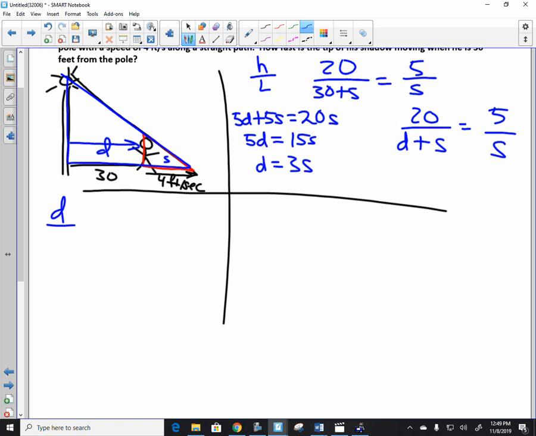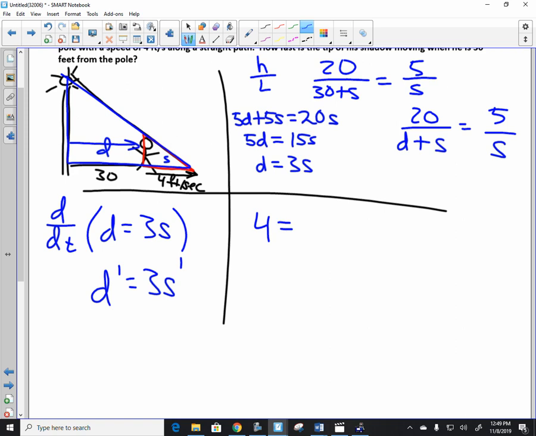So let's take the derivative with respect to time of D equals 3S. What is the derivative of D? D prime. What is the derivative of 3S? 3S prime. At what rate is he walking away from the light pole? 4. So we have 4 is equal to 3 times S prime.